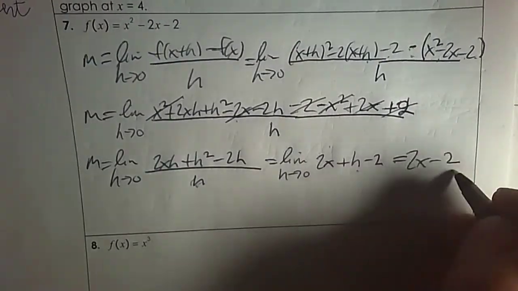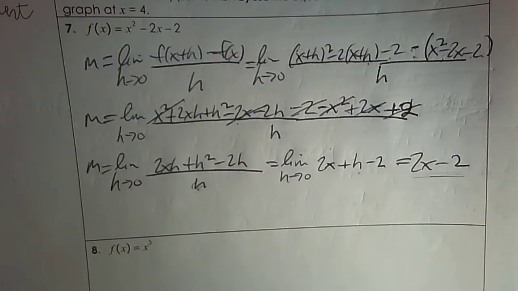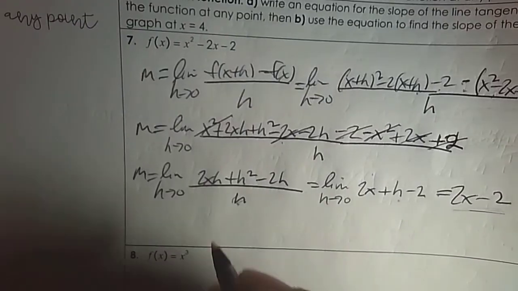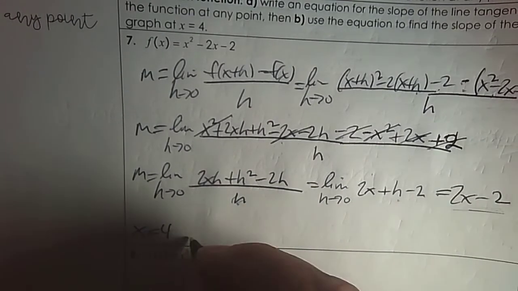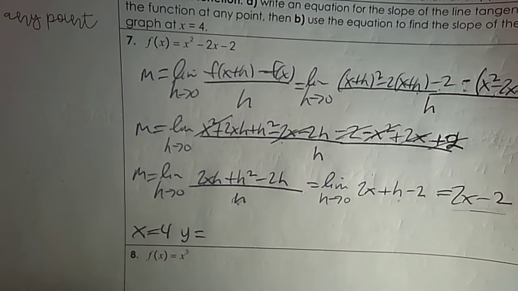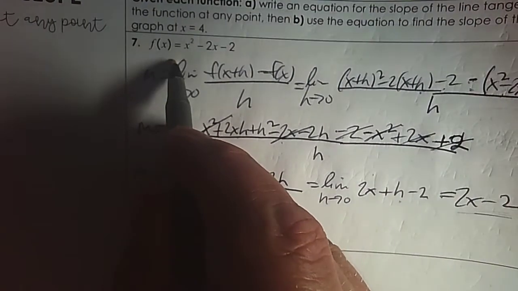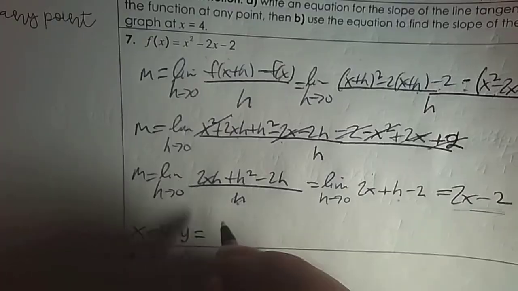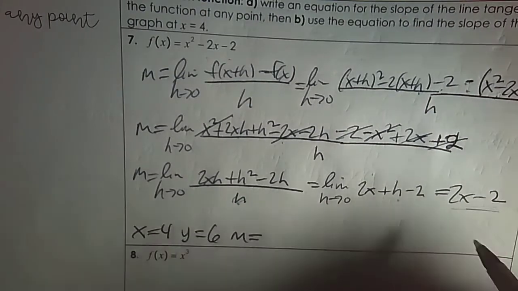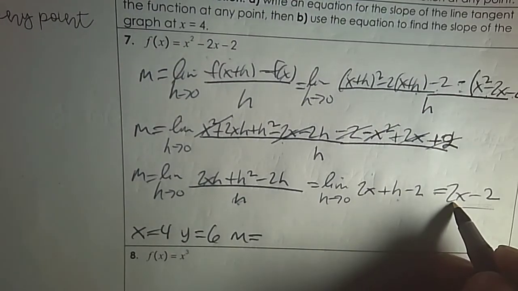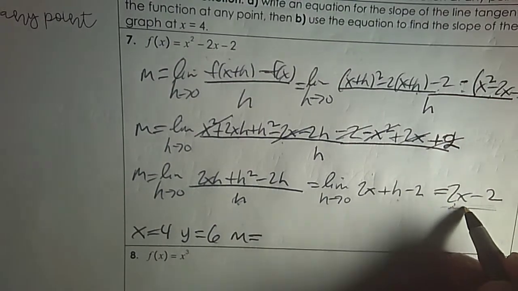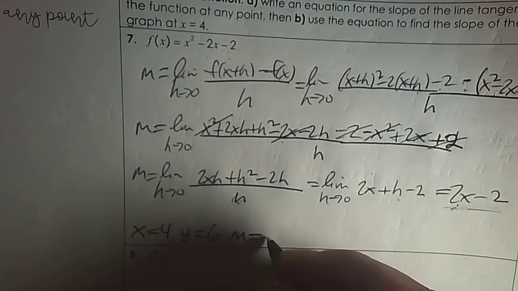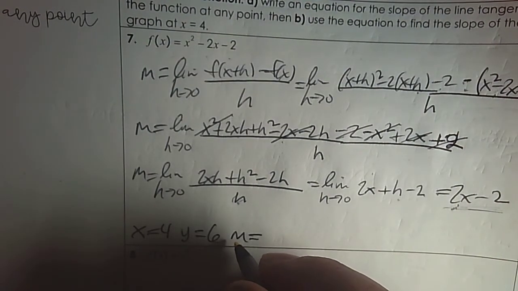For any x value now, I can use that to find the slope. So for our situation, we said x equals 4. We're not given the y coordinate, so I got to plug that in, 4. So that's 16, take away 8, take away 2. That's 6. And the slope, I got to plug in 4 in here too. So if you plug 4 here, 2 times 4, 8, take away 2, that's also 6.